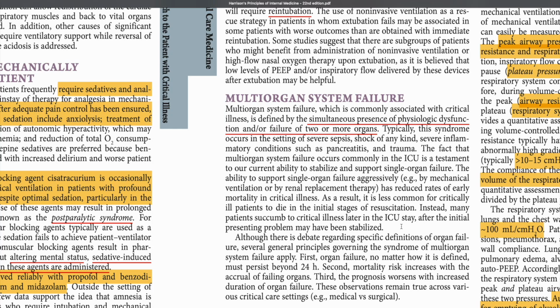The scoring system for it is the SOFA score, and a score over 48 hours can indicate a poor prognosis. Also, lactate that doesn't clear is a warning sign.